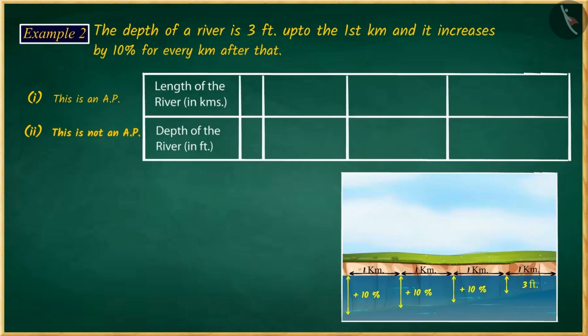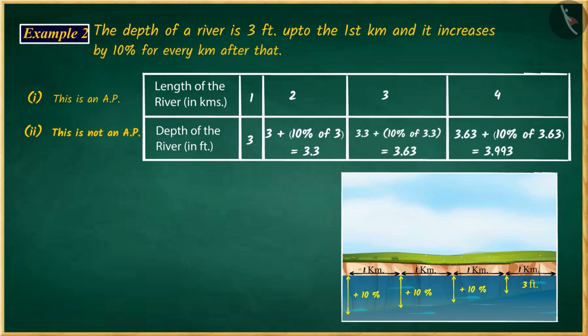According to the question, the depth of the river increases by 10% with every kilometer. That is, to get each term except the first term, 10% of the previous term must be found and added to the same. This is how we get a list.